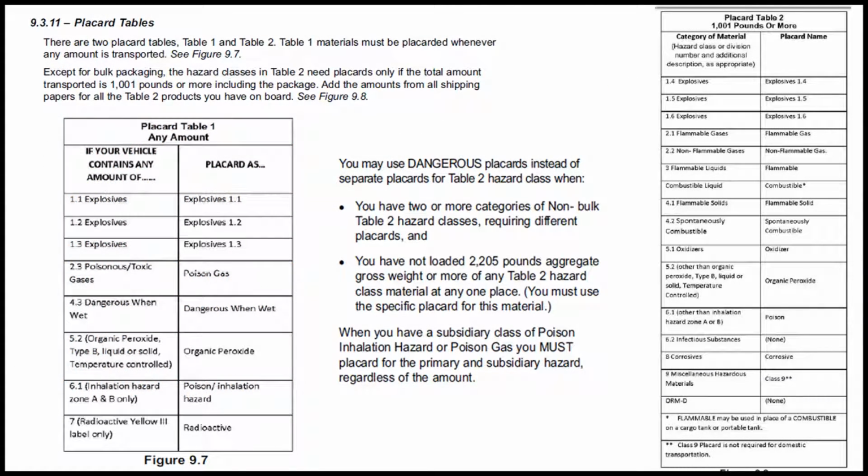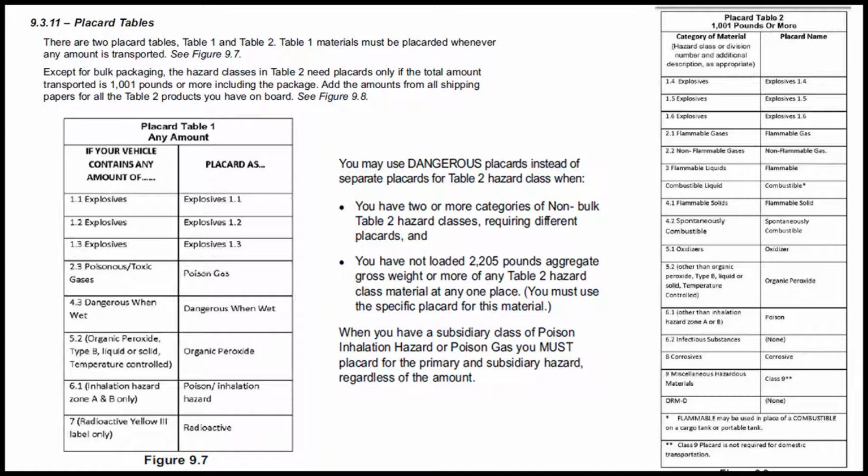You may use the dangerous placard instead of separate placards for Table 2 hazard classes when you have 2 or more categories of non-bulk Table 2 hazard classes requiring different placards, and you have not loaded 2,205 pounds of aggregate gross weight or more of any Table 2 hazard class material at any one place.